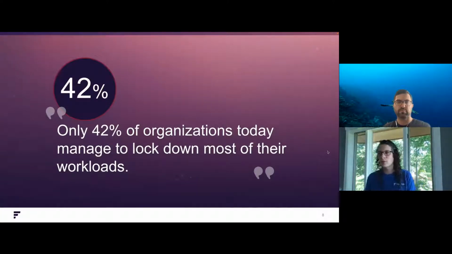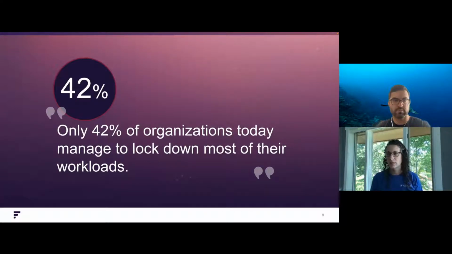Only 42% of organizations today manage to lock down most of their workloads. Security being a big thing here, as we move from predominantly being in the cloud, and still in the cloud often with Kubernetes, to suddenly having all of those security levers moved into the Kubernetes area. There's now a lot of new ways that we can tighten down security and restrict workloads.